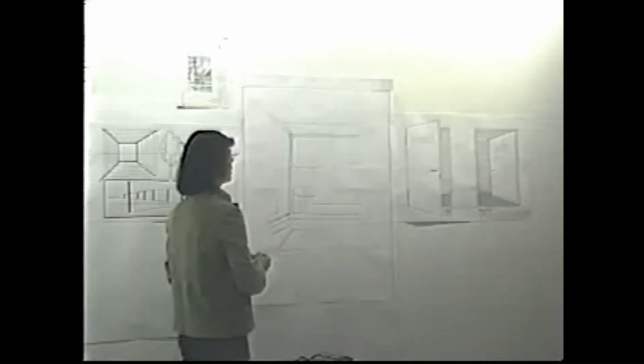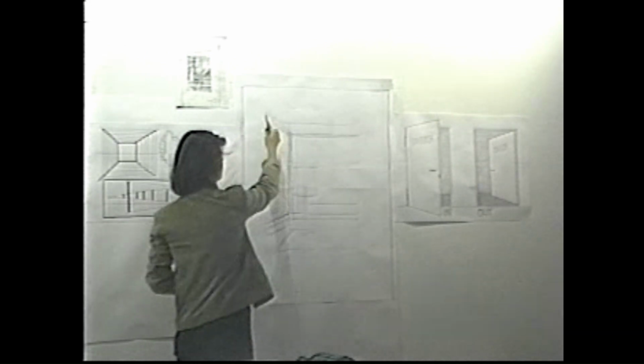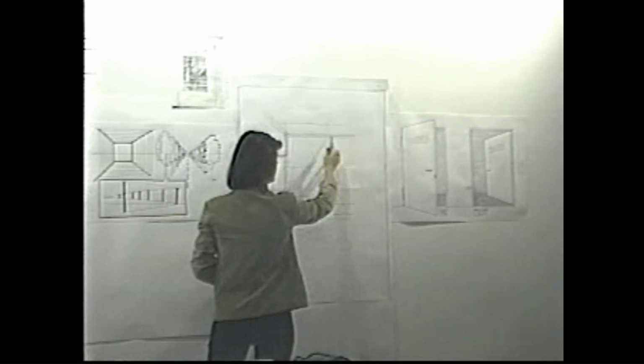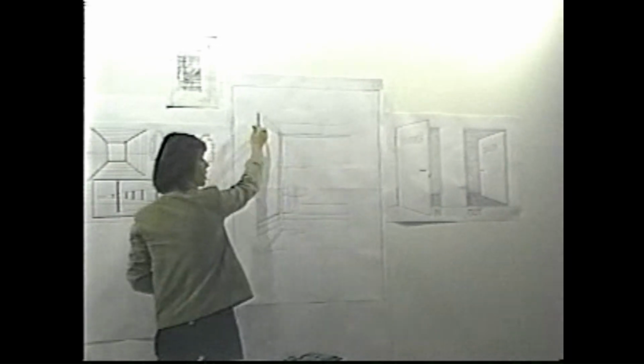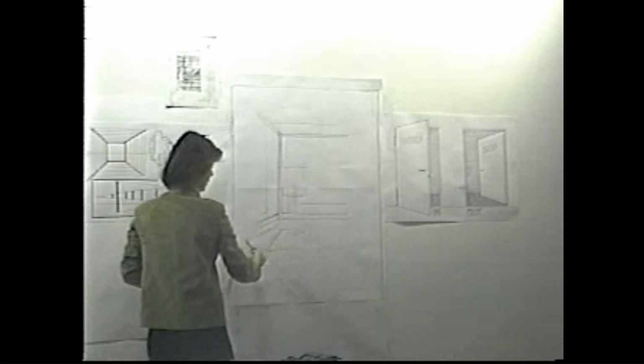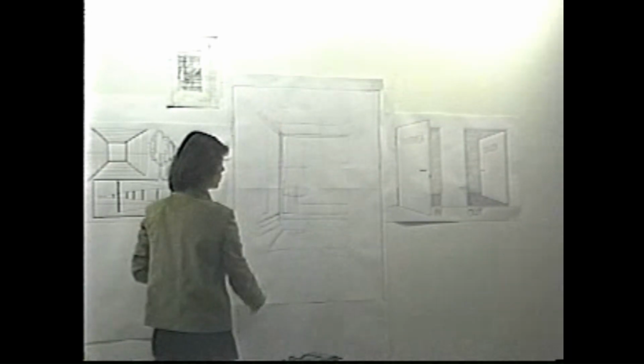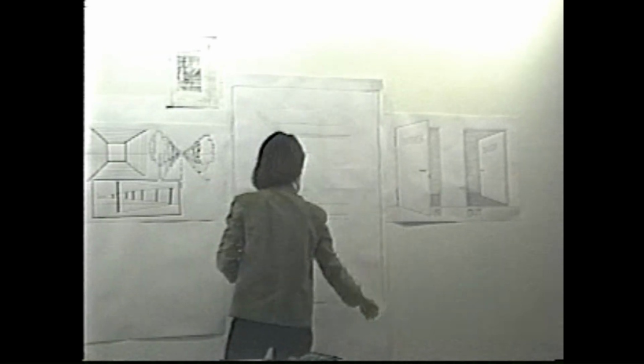In our lesson on depth, we drew the rectangle of the other room and the converging lines going to that rectangle. And we have the open door frame, and we have our sketch of our model. So let's draw the open door.